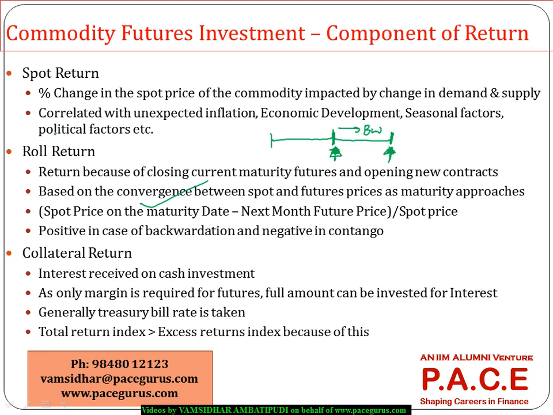So this is one more return that comes up because of closing the current term contracts and reopening the later term contracts, especially in the case of rolling over your futures contract. We find the rollover return, and just to understand it simply, it is positive in the case of a backwardation market, whereas negative in the case of a contango market.